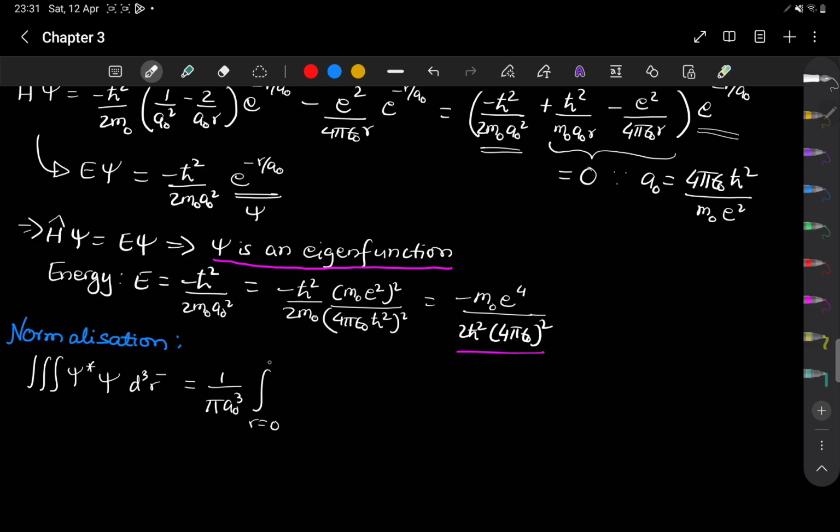And integrating over the entire volume means that the limits of integration are given as follows. Psi is real, so psi star is also psi, so this is simply the following. And d cubed r, the volume element in spherical polar coordinates, is given as follows: r squared sine theta dr d theta d phi.